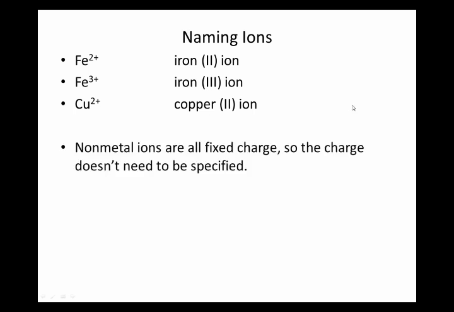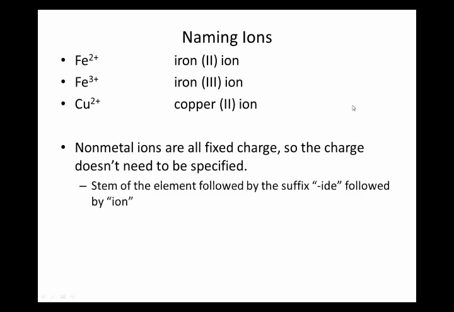Non-metal ions. So here's how we name the anions. Non-metal ions are all fixed charge, so the charge doesn't need to be specified. However, we do have a little suffix change that we use to indicate that it's an anion, to indicate that it's negative. So we change the ending of the element to "ide." Chloride, sulfide, oxide.